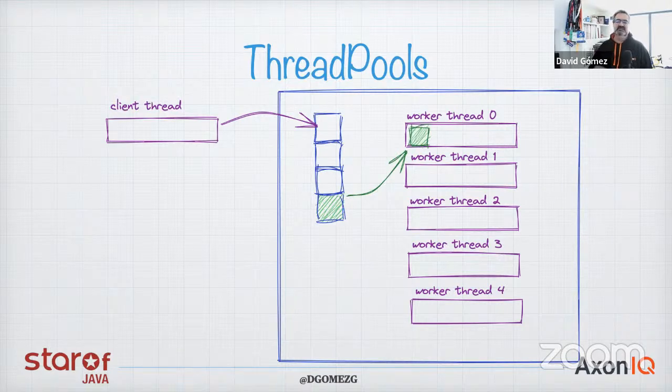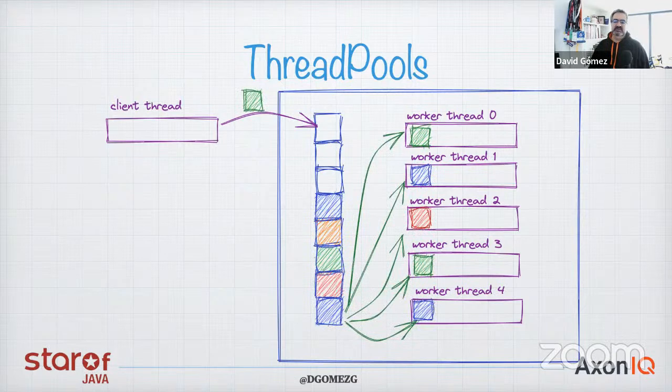They execute it, and once they execute it, they look for another task, or they wait until some other client submits a new task. That's the way in which several clients could be submitting different tasks, and those tasks will be picked by the worker threads.